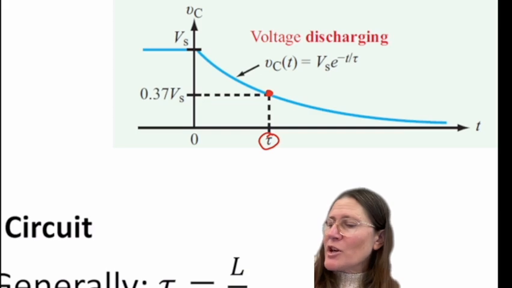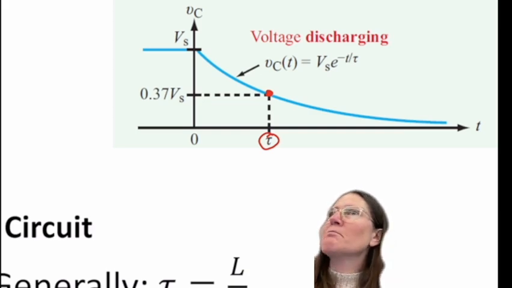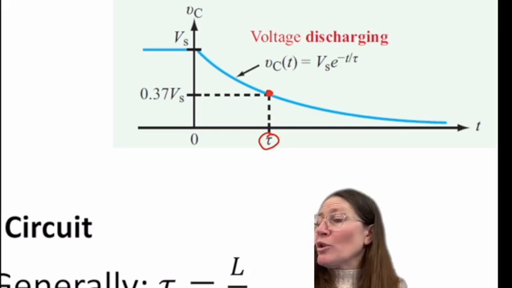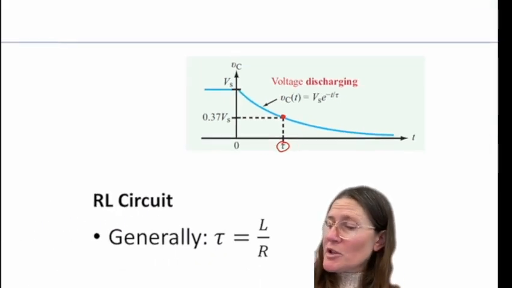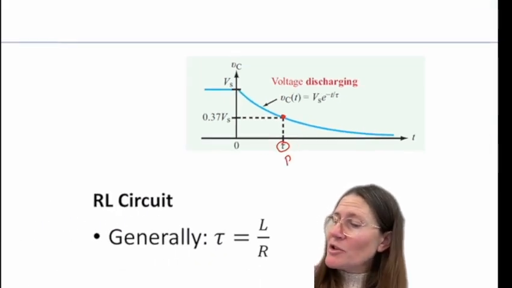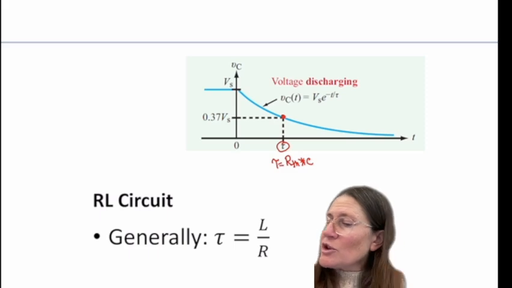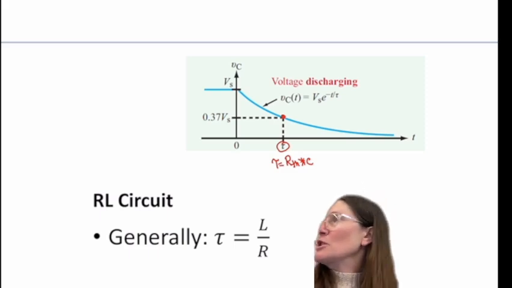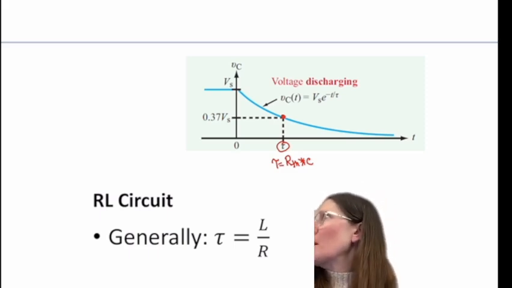If you have a capacitor, how would you decrease that time? Remember, tau for a capacitor is RTH times C. So to decrease it, you would either decrease RTH or decrease the capacitance.